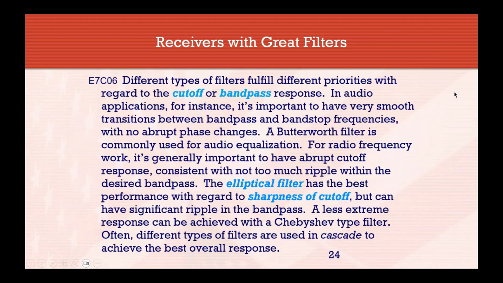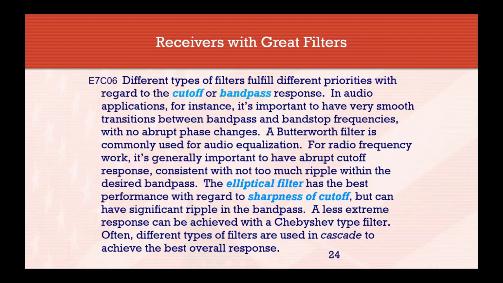Different types of filters fulfill different priorities with regard to cutoff or bandpass. Cutoff is the point at which it cuts it off. Bandpass is the amount of the frequency that it allows to come through. In audio applications, for instance, it's important to have smooth transitions between band pass and band stop. The Butterworth filter comes in there. Radio frequency, though, we generally want to have an abrupt cutoff, consistent with not too much ripple within the desired band pass.